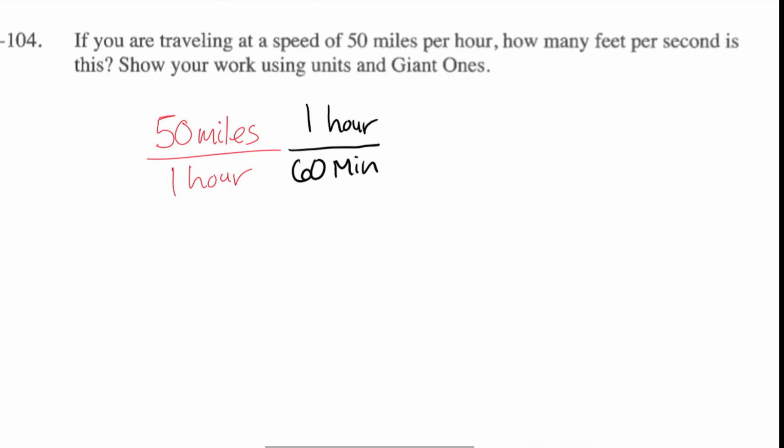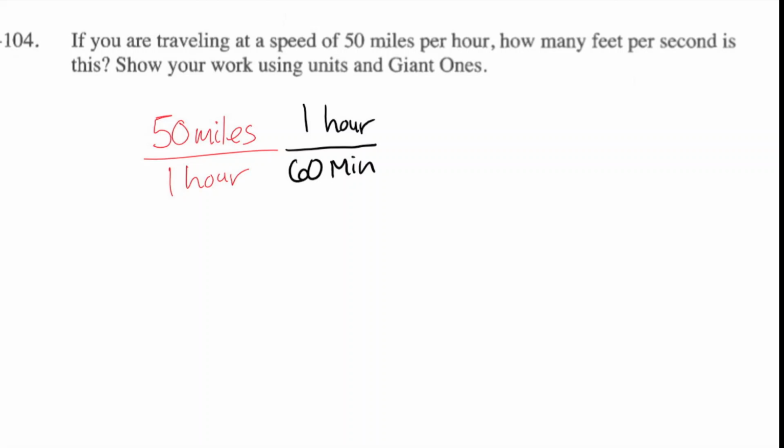So if I look at this problem right now, what do I have? I've got 50 miles per hour times 1 hour is 60 minutes. But because this hour will cancel with hours, I'm now looking at miles per minute. Right? So I was able to make the conversion from miles per hour to miles per minute.